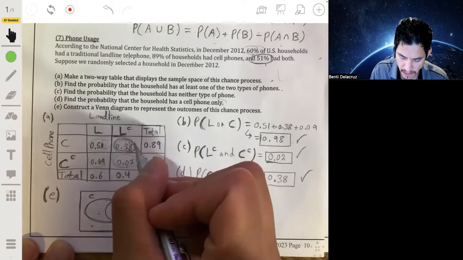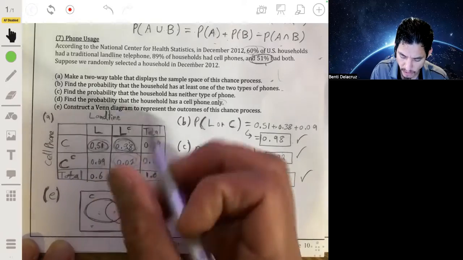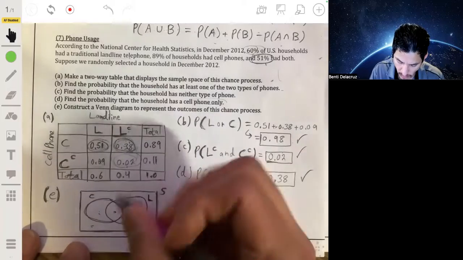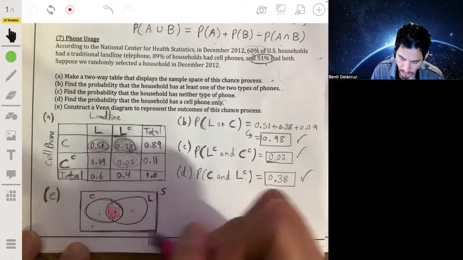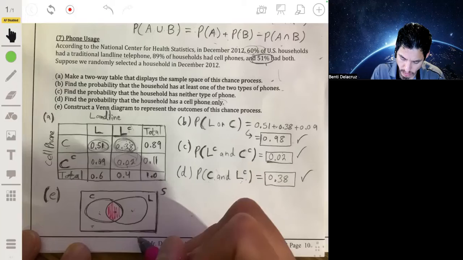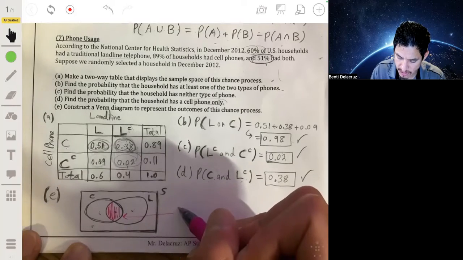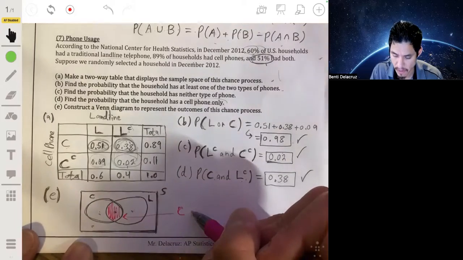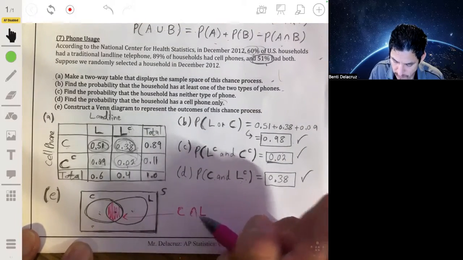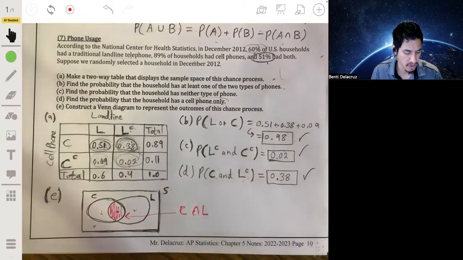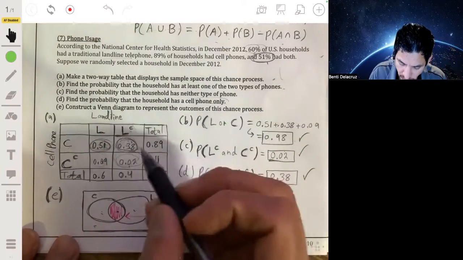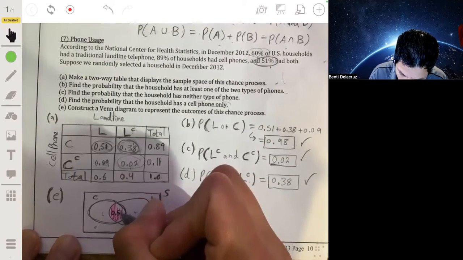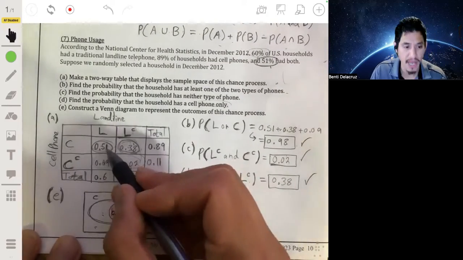So we have this 0.51, because this part right here represents C intersect L. So what you would write in there is the probability of having both a cell phone and a landline, and that would be that 0.51.